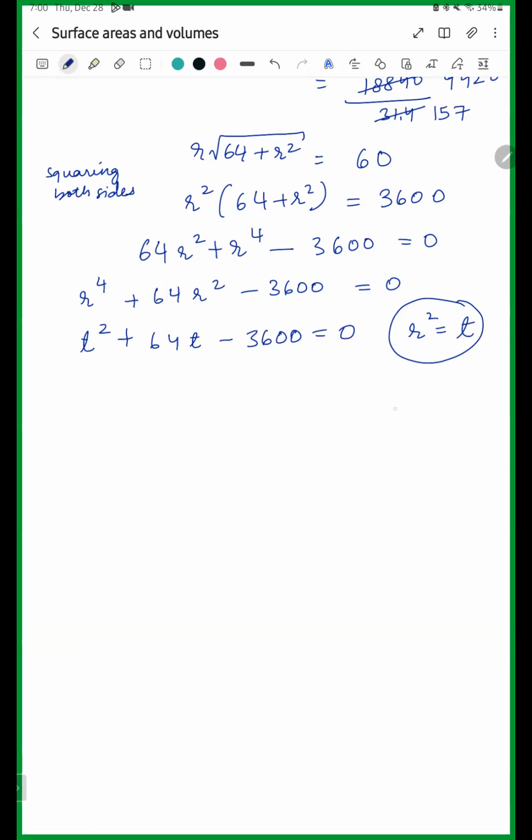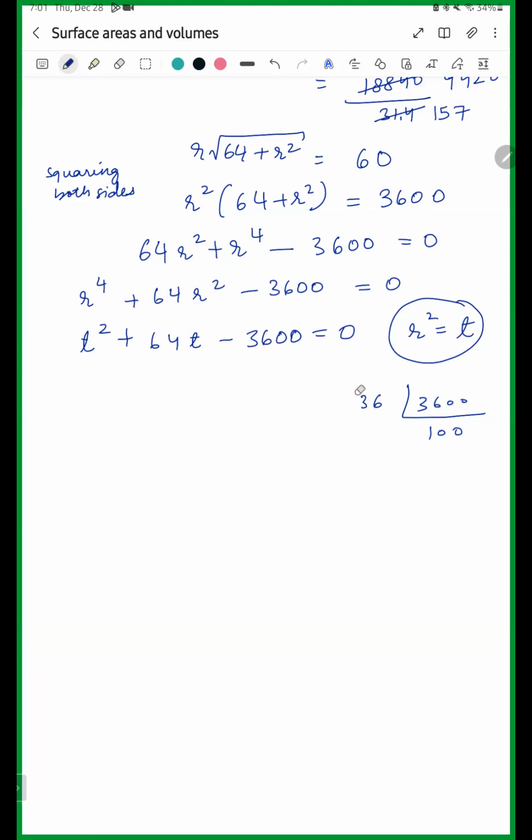So 3600. How about 36 and 100? What is 100 minus 36? It is 64, right?